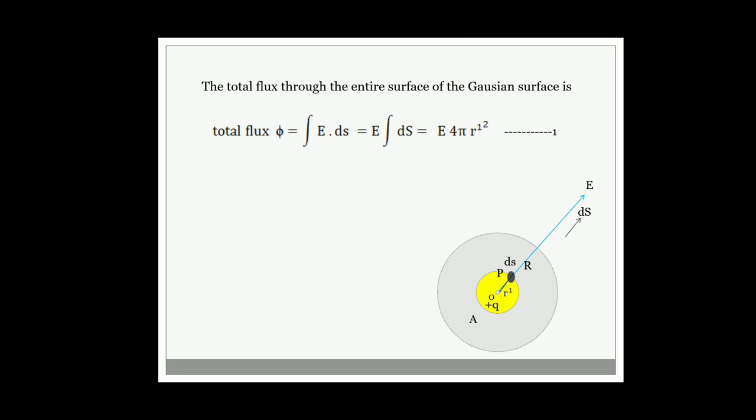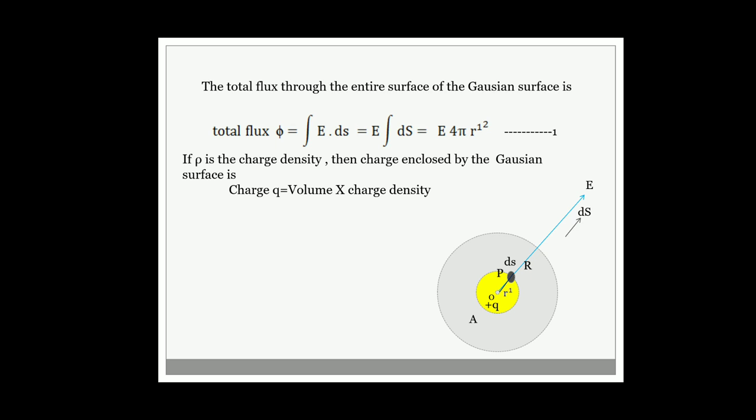Now the total flux through the entire surface, by integrating the above equation, we can get the total flux. So the total flux phi is equal to integration E ds, that is equal to E into integration ds, that is equal to E into 4 pi r dash square, where integration ds is 4 pi r dash square, the surface area of the Gaussian sphere.